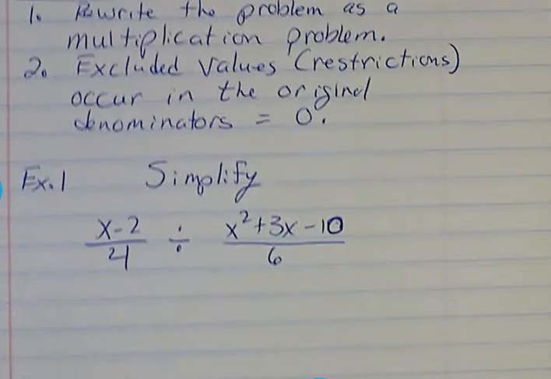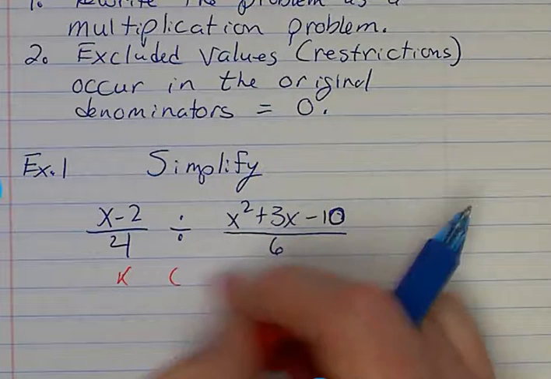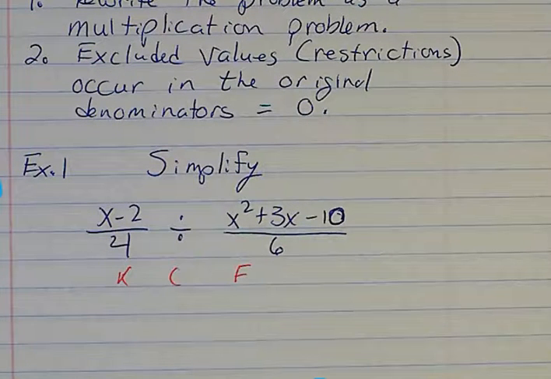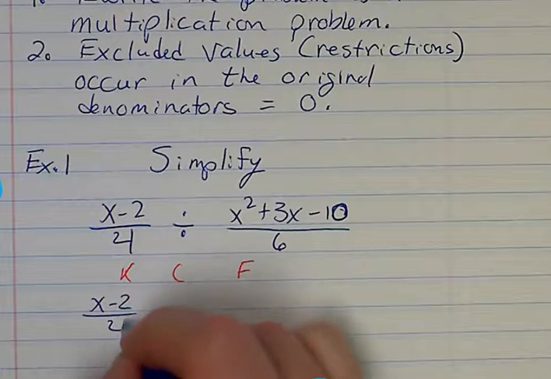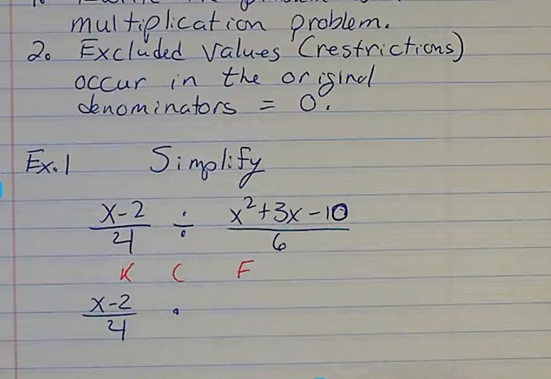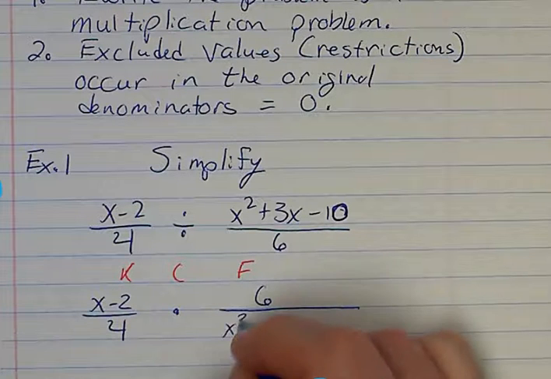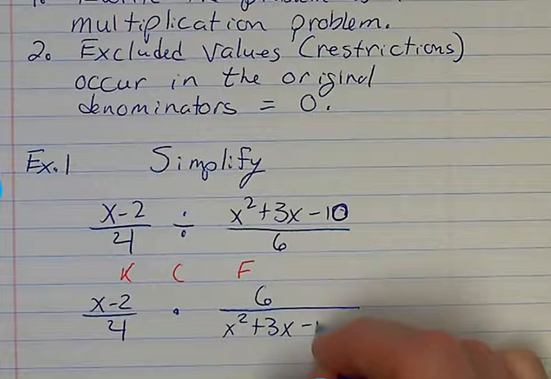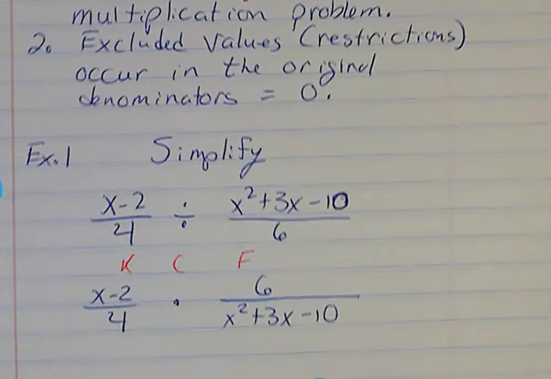We're just going to simplify. So the very first thing is, just like we've done in the past with a lot of the problems, you're going to do keep change flip on this thing. So we're going to do x minus 2 over 4, change that to multiplication, and then flip that upside down so it's 6 over x squared plus 3x minus 10. There you go, KCF or KFC.